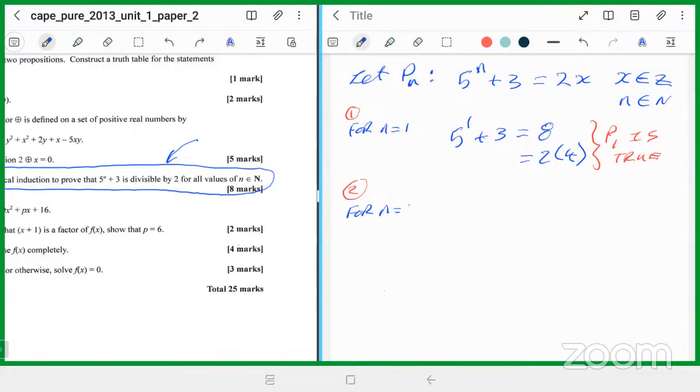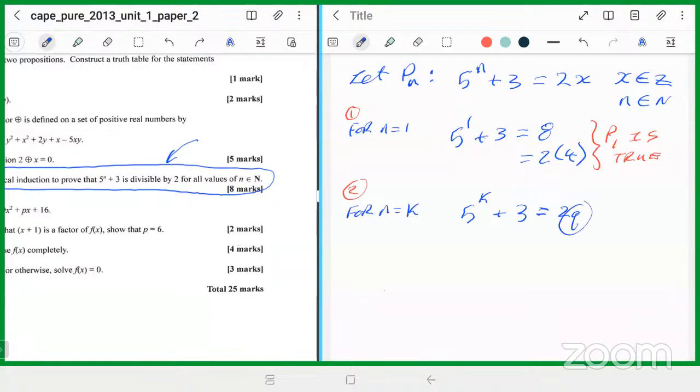So for n equals k, and this part is fairly simple, you're going to put the k up here, but then I don't have to call the quotient x anymore. I'm going to call it q. That's my standard way of doing it. So for n equals k, this statement becomes 5 to the k plus 3 is equal to 2q.